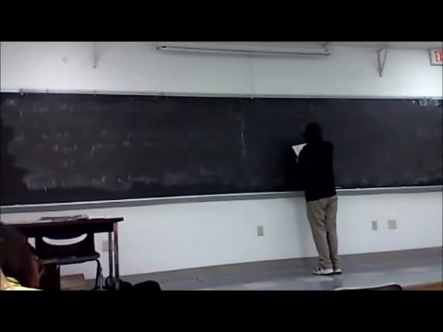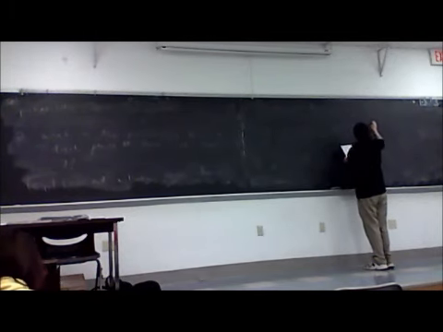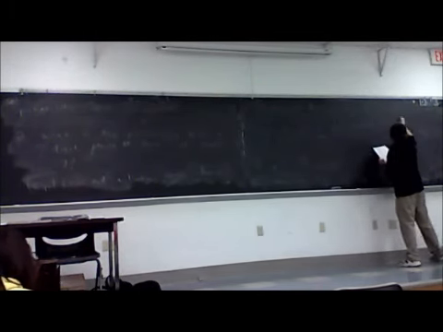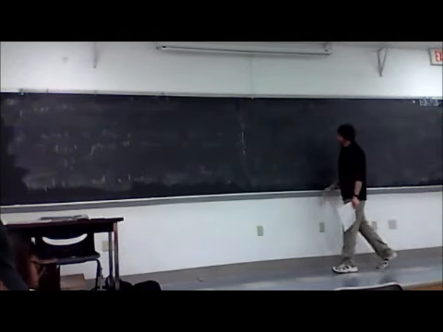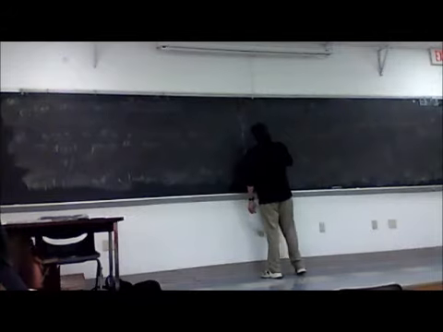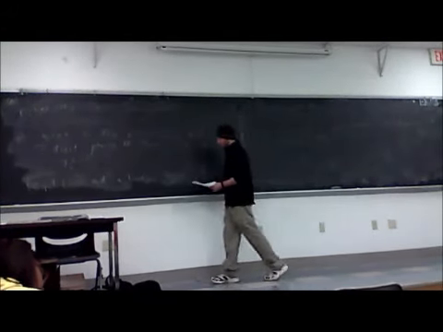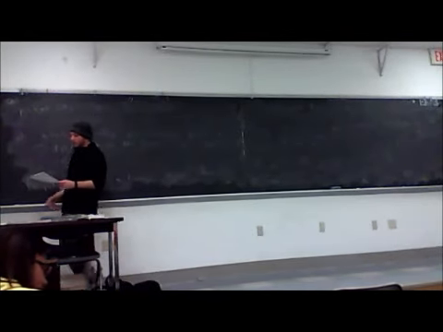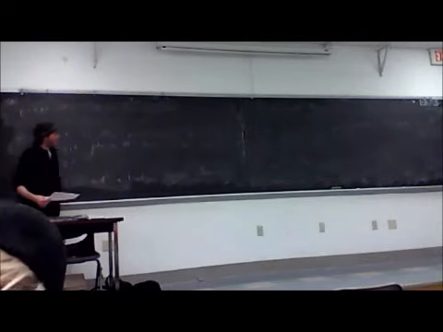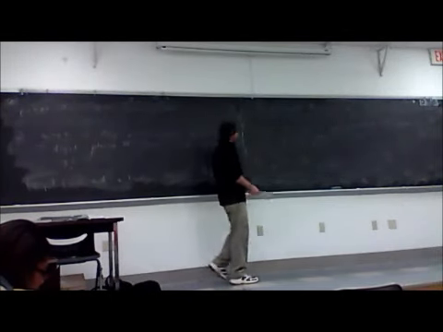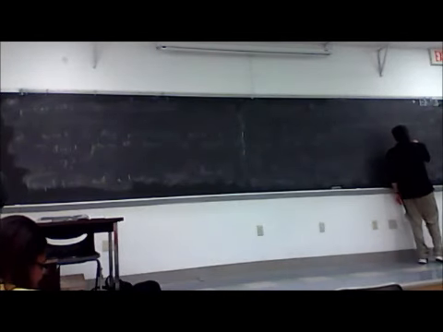Let's say that you have P, and this is a probability function on omega. Let E be some event in omega. Let's say this event actually occurred, right?